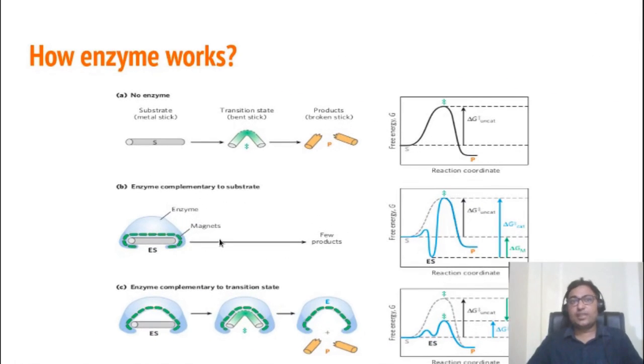These coenzymes and cofactors bind to the apoenzyme and form a complex holoenzyme, and the holoenzyme is the functional enzyme. Now how does this holoenzyme work, or how does it enhance the rate of reaction?